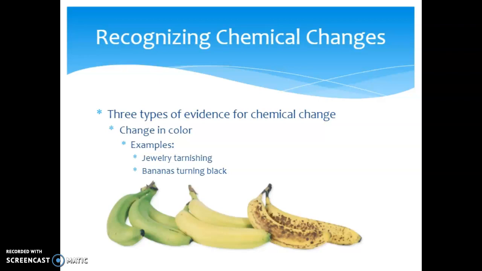So the car rusting and changing to that reddish brown color, or in this case, if you look at these bananas here, and they're turning from green to yellow to black and brown, that's showing that a chemical change is taking place. These things are not made of the same chemical structure anymore. They are changing. You're observing chemical properties while they're changing, so chemical changes are taking place. Another one is jewelry tarnishing or changing different colors over time. The more it's exposed to oxygen, the longer you have it. Okay?